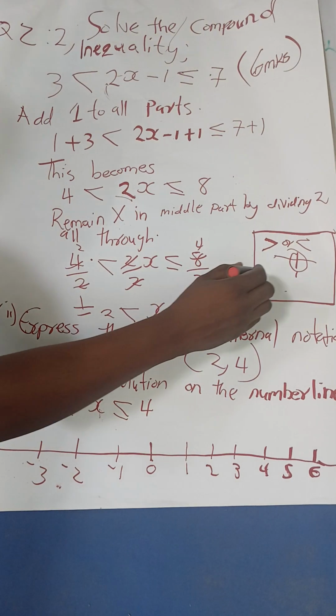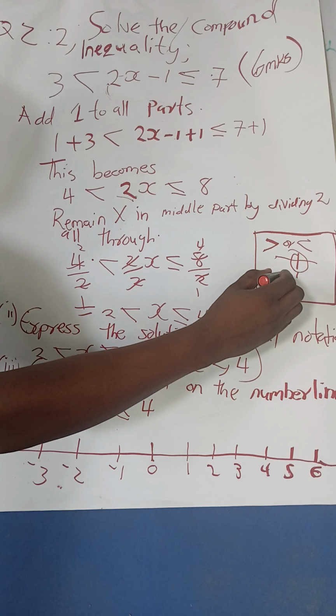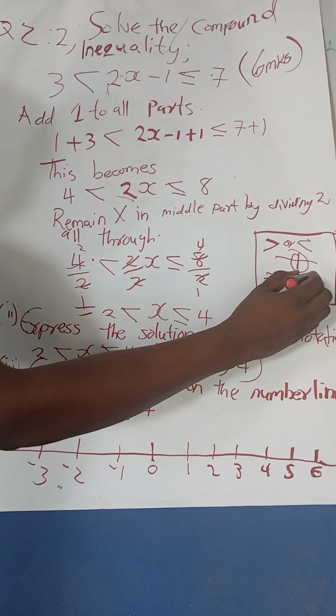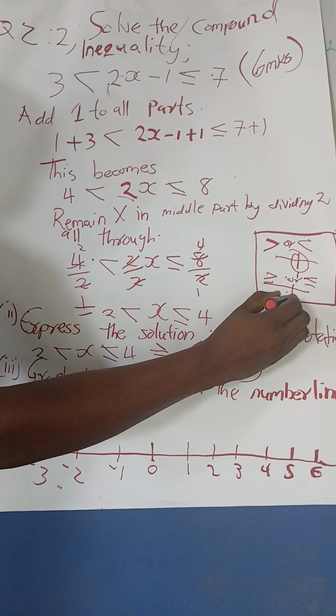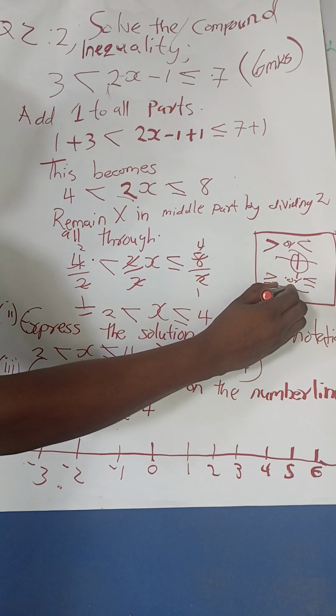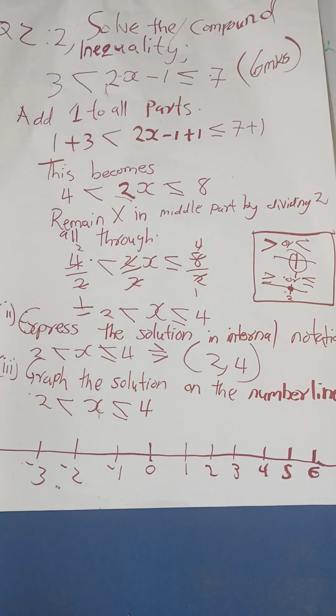But in case it is greater than or equal to, let's say here we have 2, you put a strong dot to show that value is inclusive. Those are the basics you have to know on the number line.